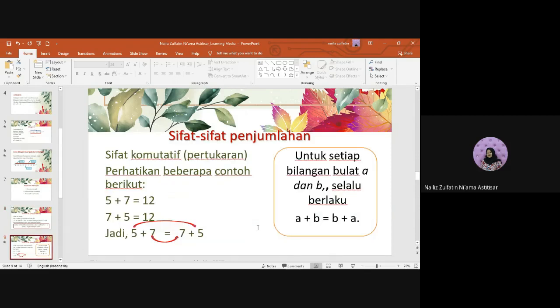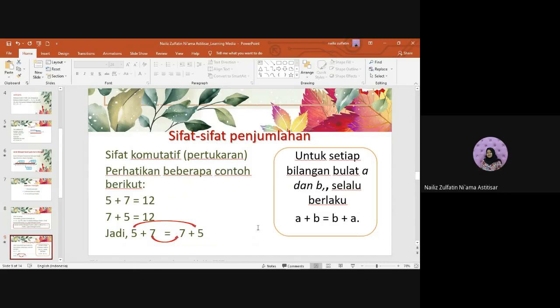Number 2 is commutative principle, or exchange. Consider the following example. 5 plus 7 equals 12. 7 plus 5 equals 12. So 5 plus 7 is the same as 7 plus 5.